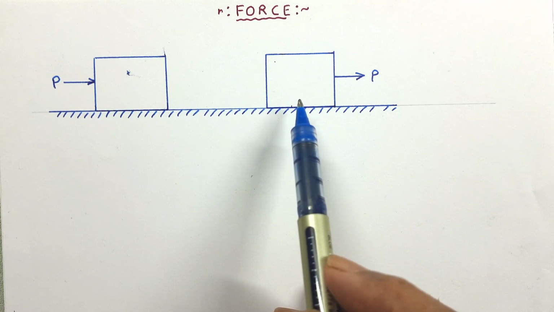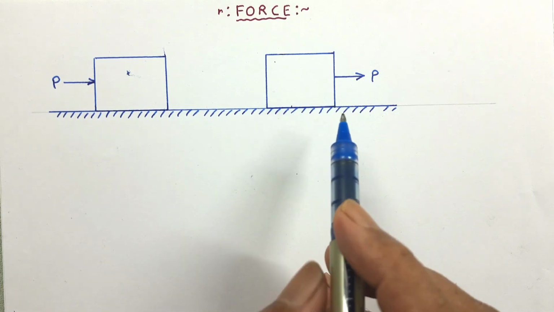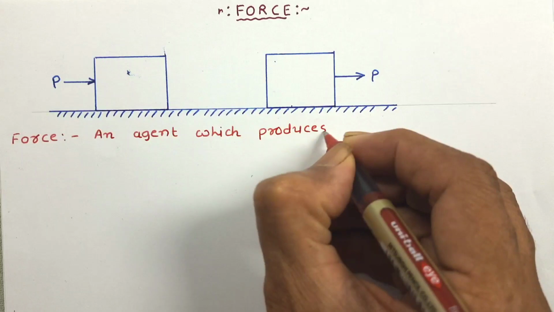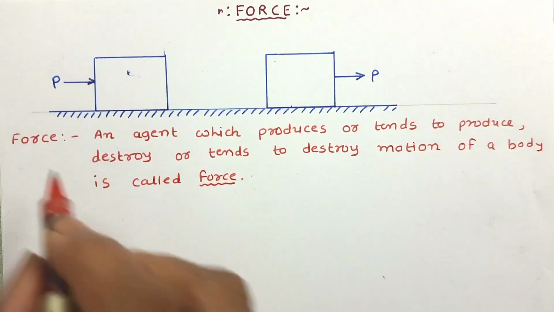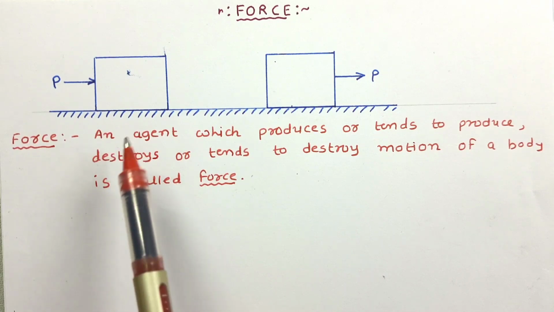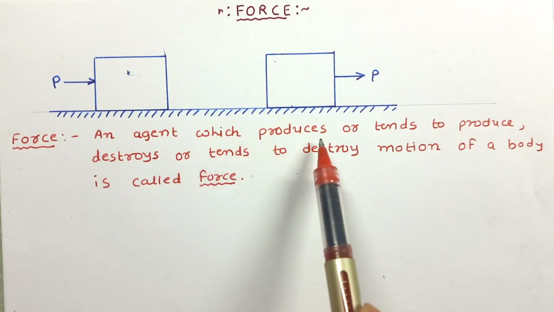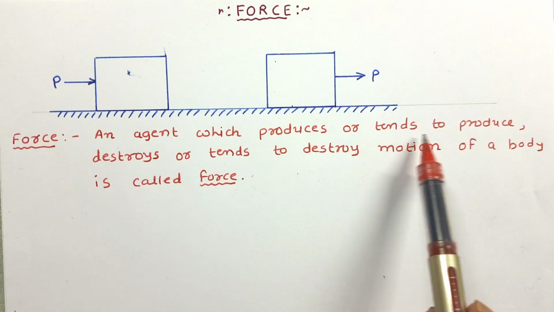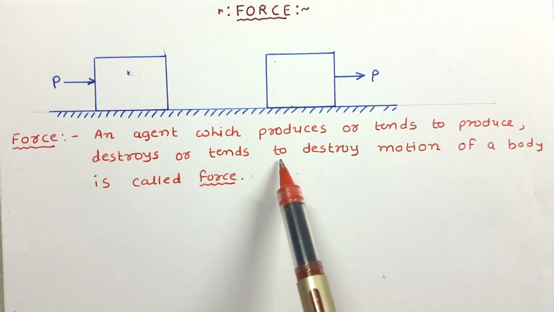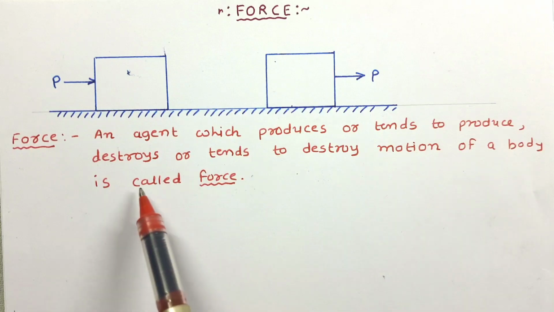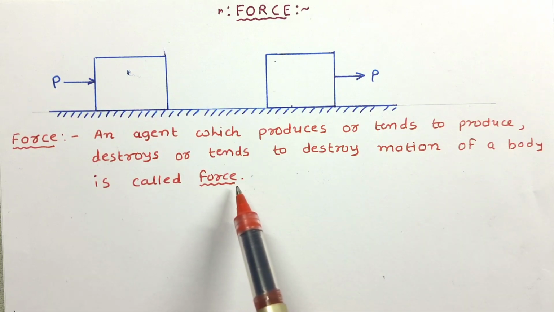So let us write the definition of force. We may define force as an agent which produces or tends to produce, destroys or tends to destroy motion of a body is called force.